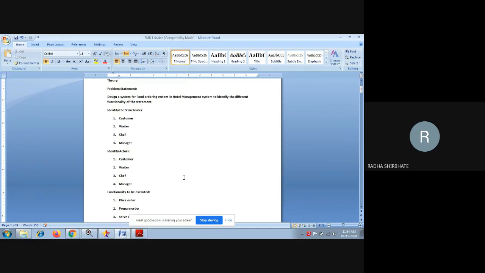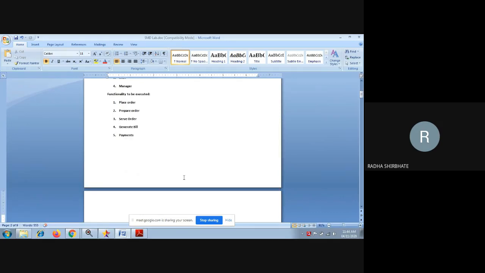Likewise, the second thing that we have to identify is the active participants of your particular project. Obviously, whatever the stakeholders of your system are, those are the actors of your system. Now we have to define the different functionalities to be executed. The first thing we have to do is welcoming your customer into the restaurant.